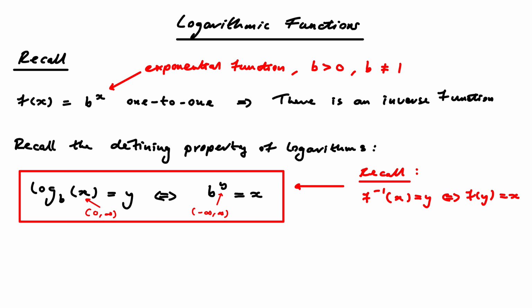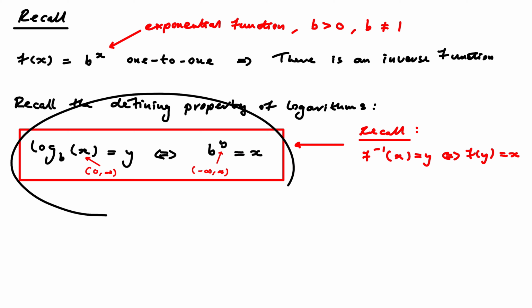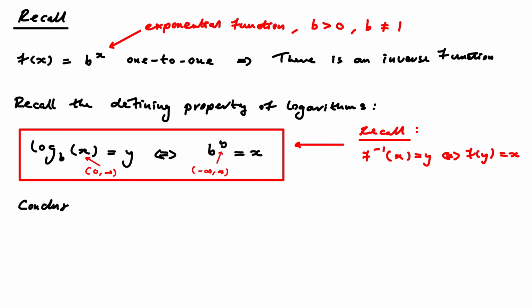So the conclusion is the following. By definition, if you want, the logarithm function is the inverse of the exponential function. That's the meaning of it. So when I wrote this down before, really I was writing the definition of the inverse to the exponential, but I wasn't calling it that at the time. So the conclusion is log b of x. So this is a totally reasonable function now because b is fixed and x is like a variable.